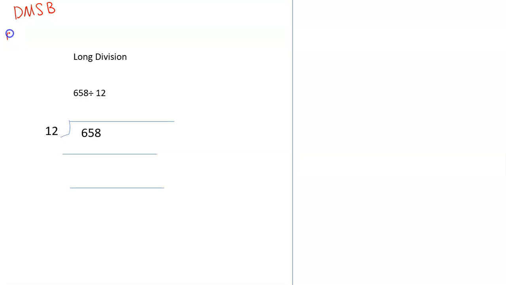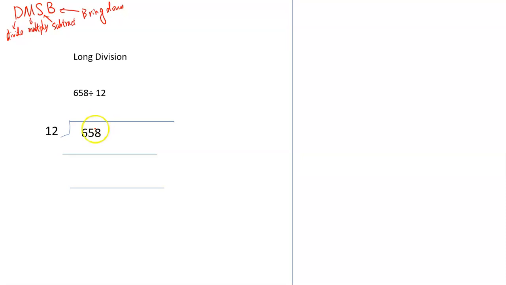D means divide, M means multiply, S means subtract, and B means bring down.